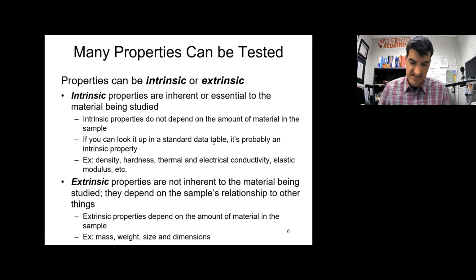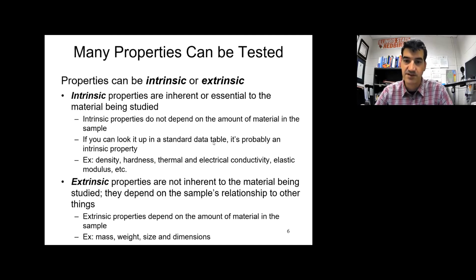But most of the time, for most things, density and rigidity and hardness and strength, those are all intrinsic properties. You can look them up, and you will, in a table online. So density, hardness, thermal and electrical conductivity, elastic modulus, which is the same thing as modulus of elasticity.